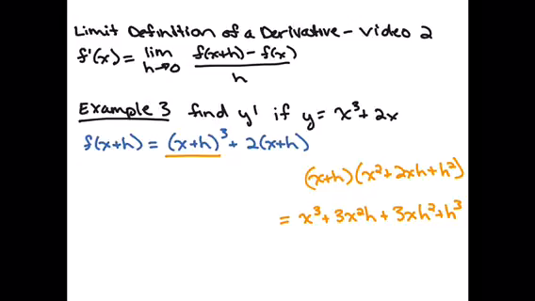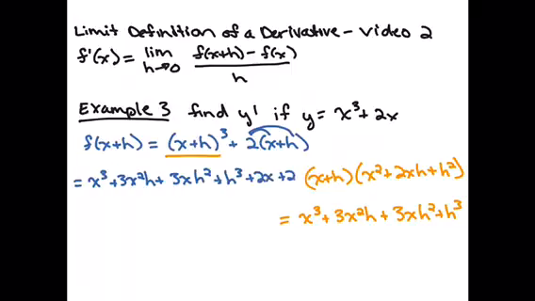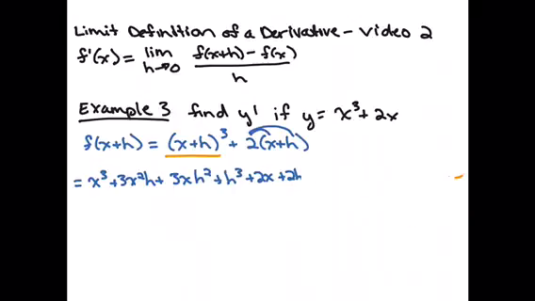So my f of x plus h becomes x cubed plus 3x squared h plus 3xh squared plus h cubed. And we need to distribute this 2. We get plus 2x plus 2h, and I'm going to get rid of this to make some room.